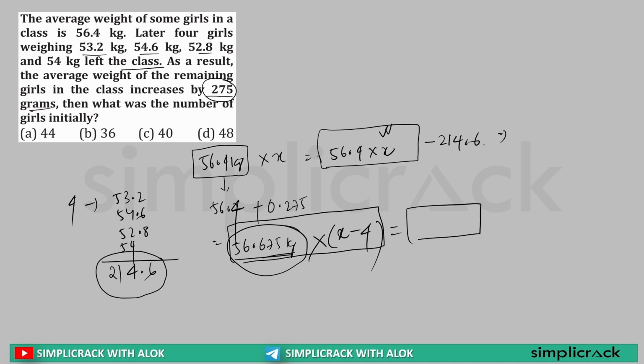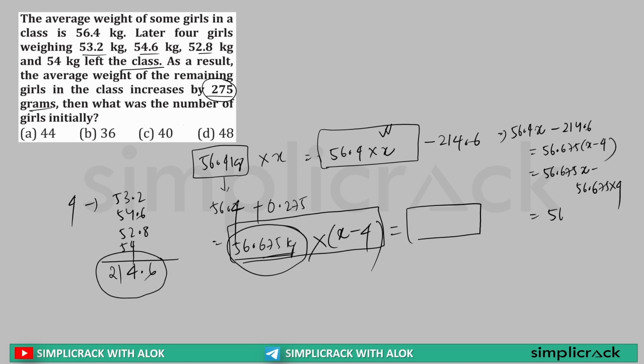So what I say, sir, 56.4 into X minus 214.6 kg is equal to 56.675 into (X minus 4). This can be written as 56.675 into X minus 56.675 into 4, because of the distributive law.